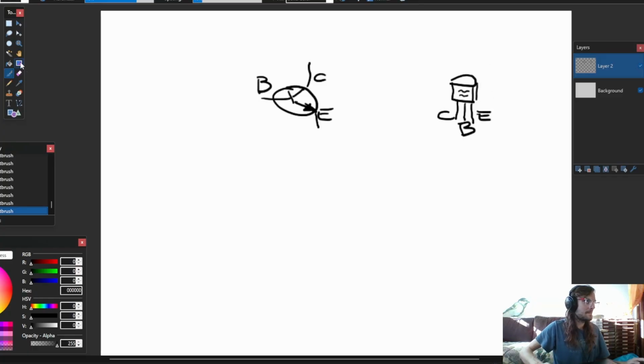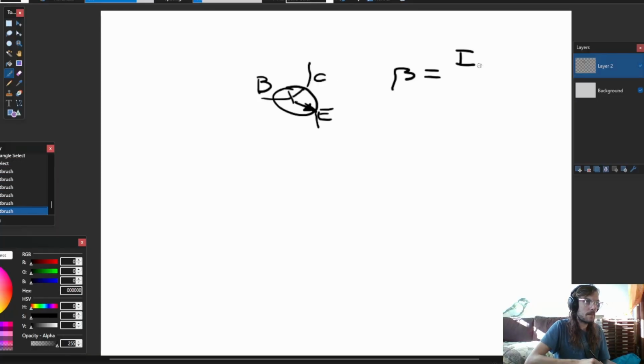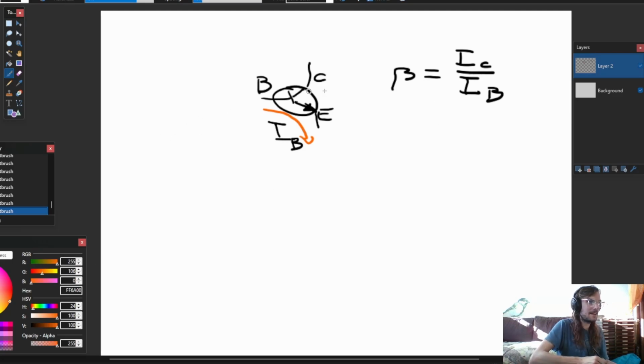In any case, what is the beta or HFE value? Well, it is defined as IC over IB. IB is the current that runs from the base to the emitter over here, and IC is the current that is allowed to run from the collector to the emitter.